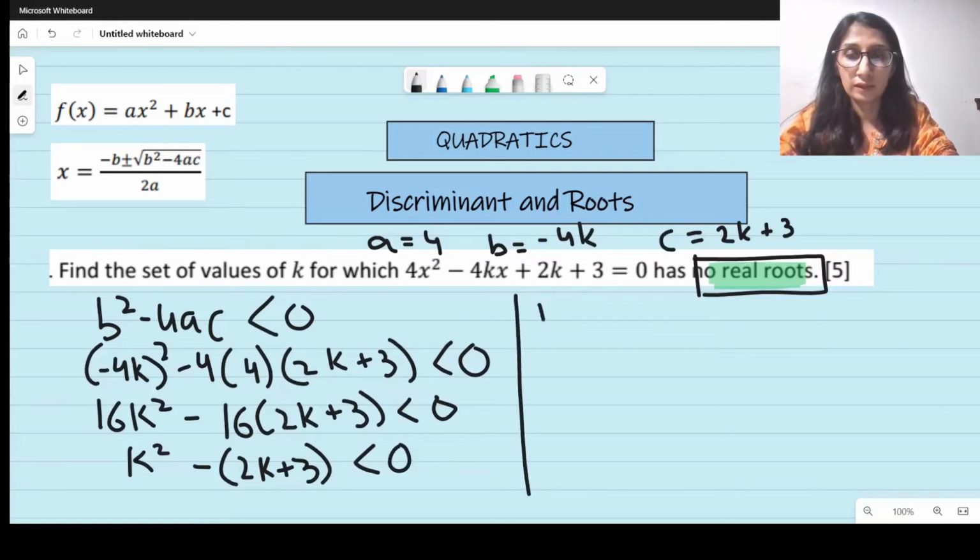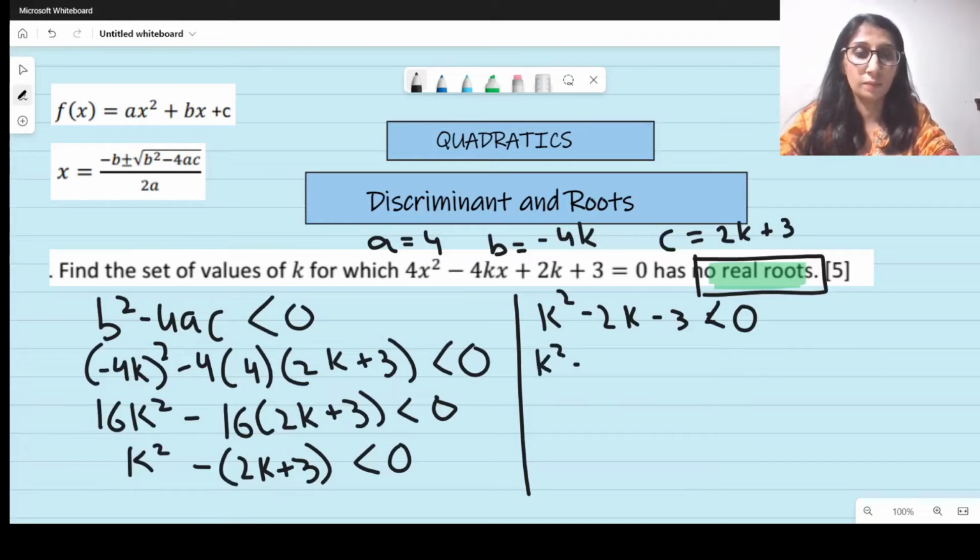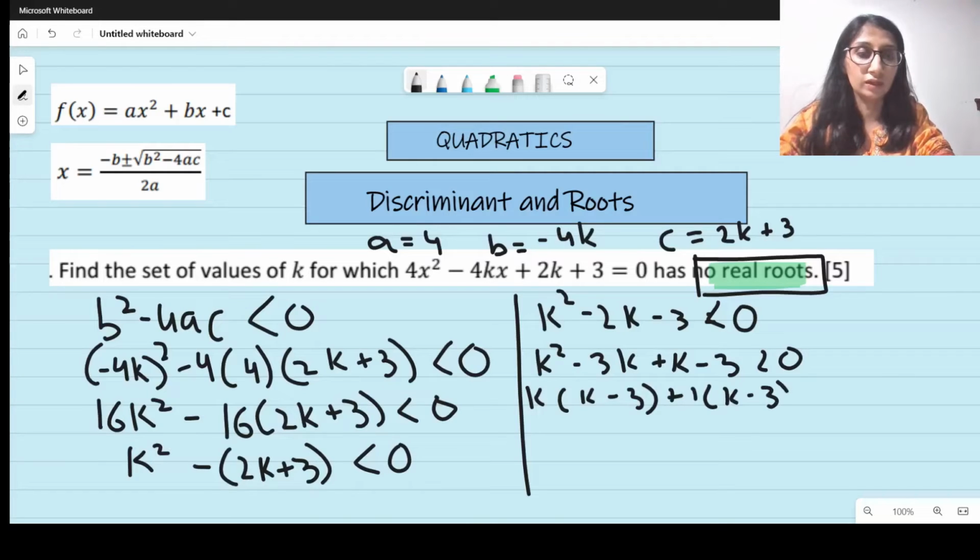So the inequality is k square minus 2k minus 3, sorry, less than 0. So it's k square minus 3k plus k minus 3 less than 0. So k is common, k minus 3, and plus 1 is common, k minus 3 less than 0. So k minus 3 bracket k plus 1 is less than 0.